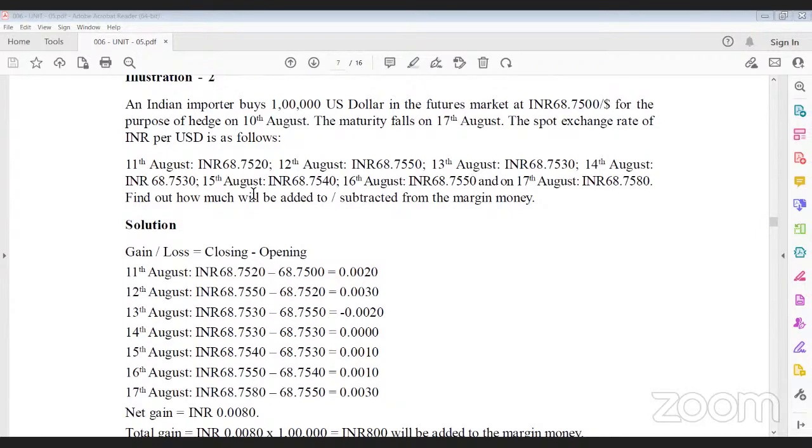The spot exchange rate of INR per USD is as follows. On 11th the rate is given, and on 12th, 13th, 14th, 15th, 16th and 17th, respectively, the rates are given. Find out how much will be added to or subtracted from the margin money.